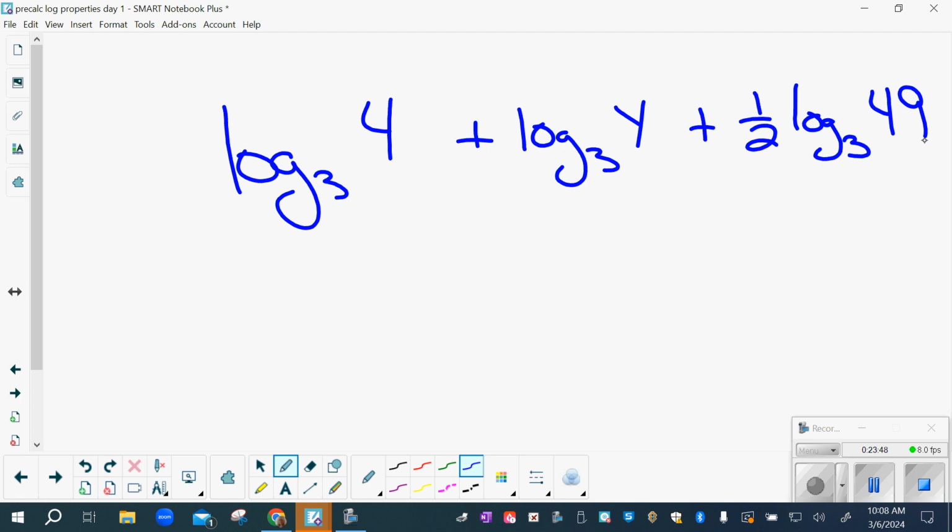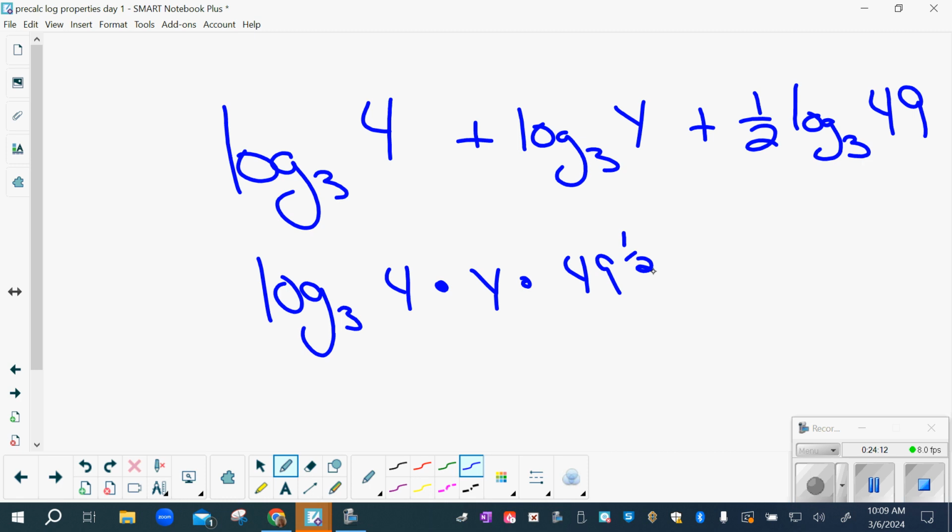If you have a 28 in your answer somewhere, that would be awesome. Wait, it's 7 times 4. Yeah, but where did you go before the log? So here's what I'm going to get. I'm going to write log once. Here's what I got. It's going to be 4 times y times 49 to the 1/2, right? 49 to the 1/2, that's square root.